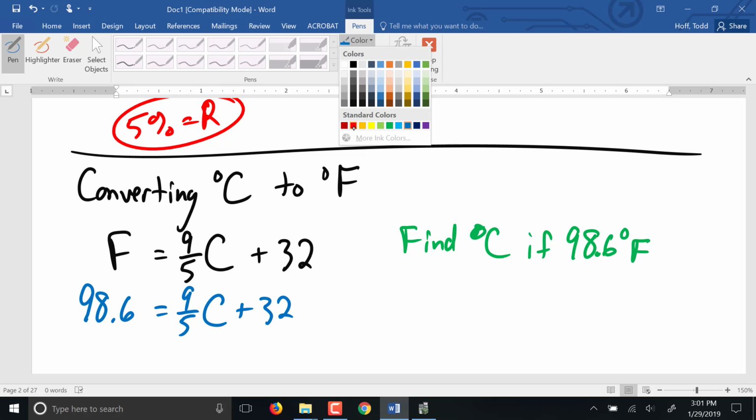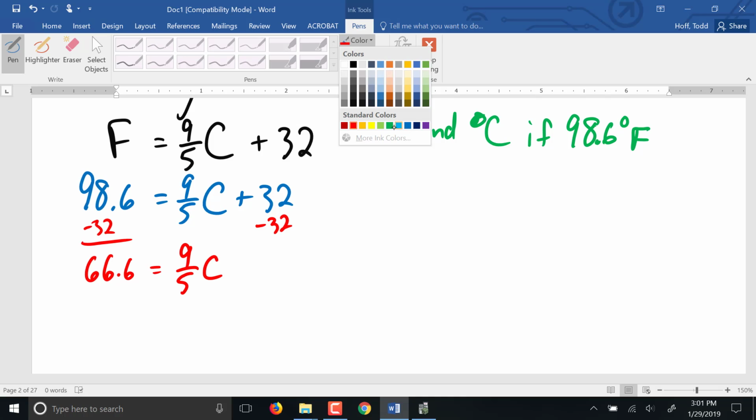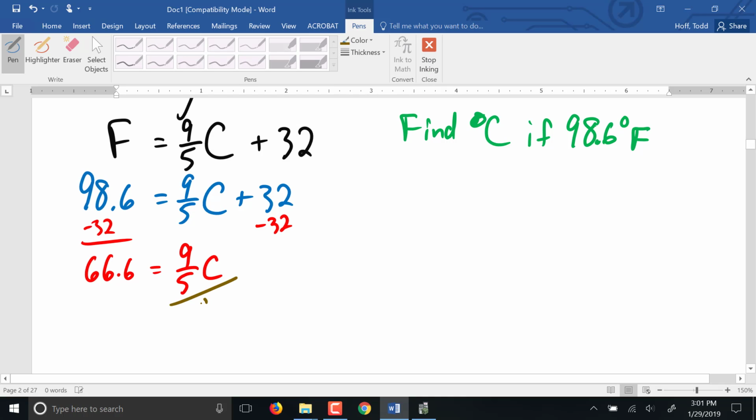Well, to solve this, we're solving for C, we're going to have to subtract 32. That's 66.6 equals 9/5 C. And then we would divide by the 9/5. Dividing by 9/5, remember, is the same as multiplying by 5/9.